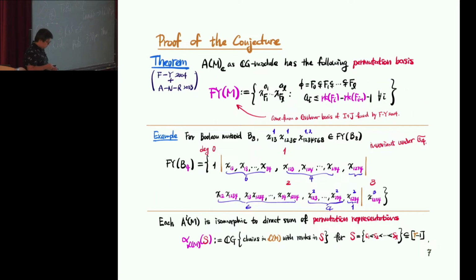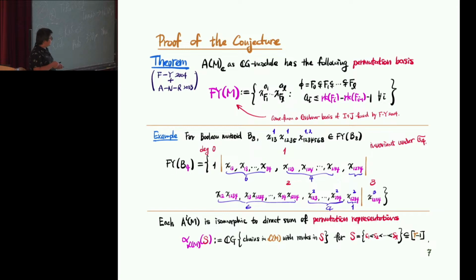Okay. So the first thing we use is that the Chow ring of a matroid, as a CG-module, actually has a permutation basis. This is a theorem summarizing results from Feichtner, Yuzvinsky, and Angarone, Nathanson, and Reiner.